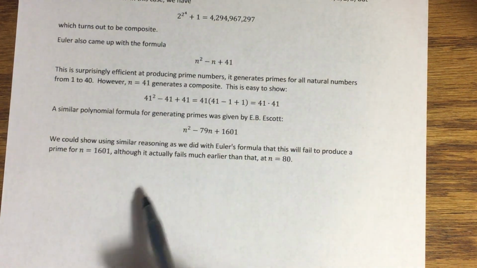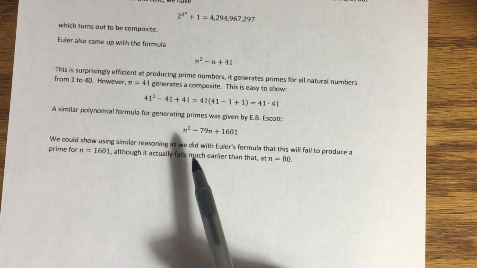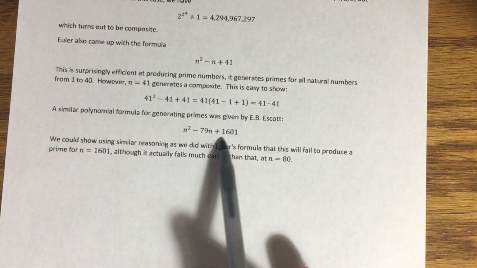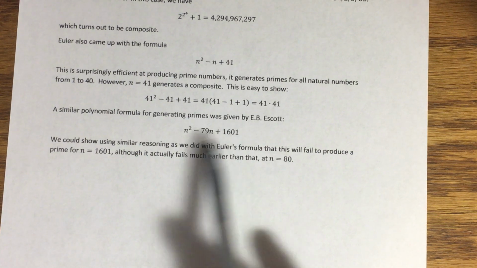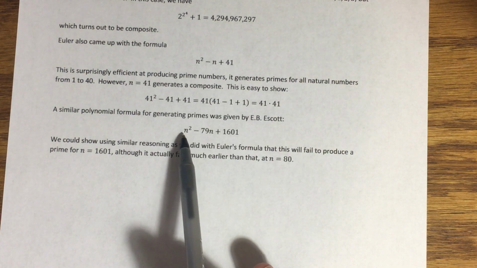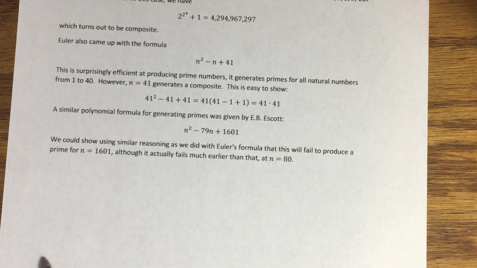Another example of a polynomial that was come up with to try and generate prime numbers was later on. It was by a mathematician named E.B. Escott. And this was the formula he came up with: n squared minus 79n plus 1601. Again, if you plug in the natural numbers 1 through 79, it turns out all of those generate prime numbers.